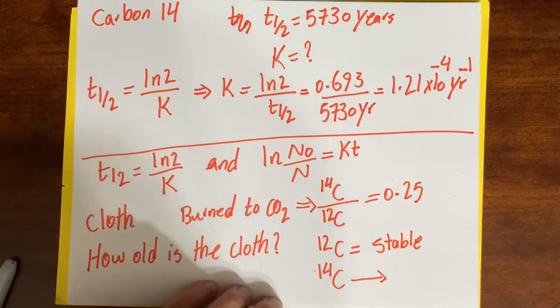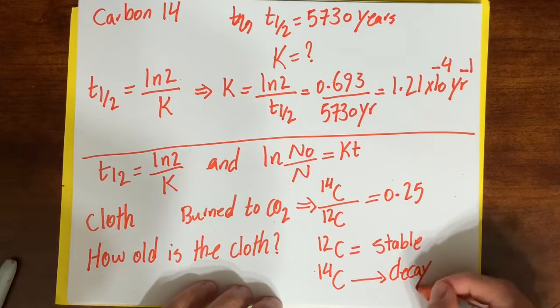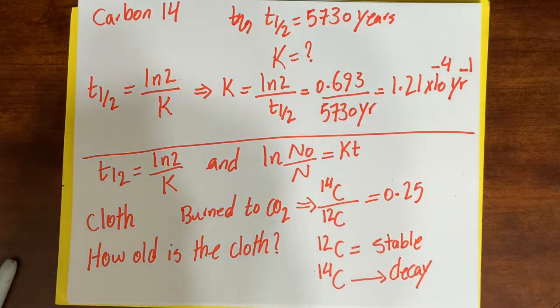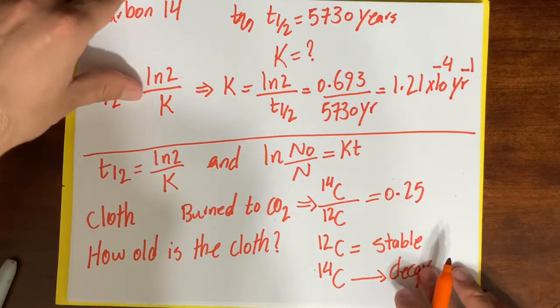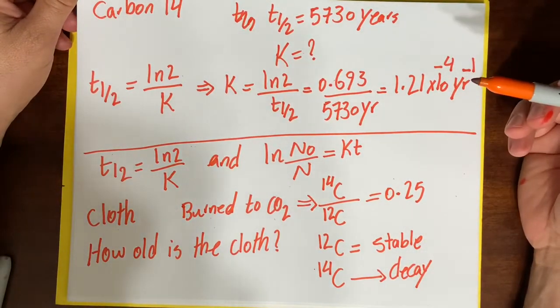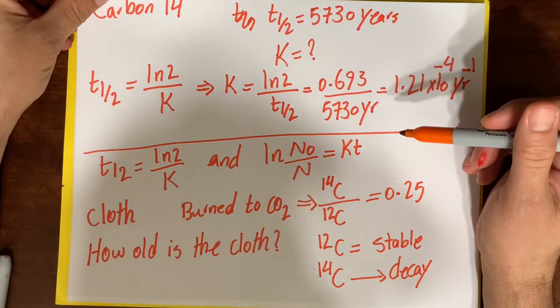It can get to something else. Okay, so this one goes under decay. Carbon 14 is not a stable isotope. Okay, so they give me, do I have the half-life here?